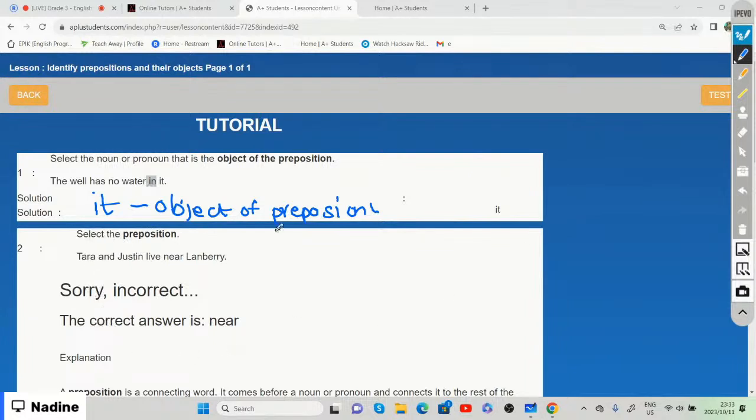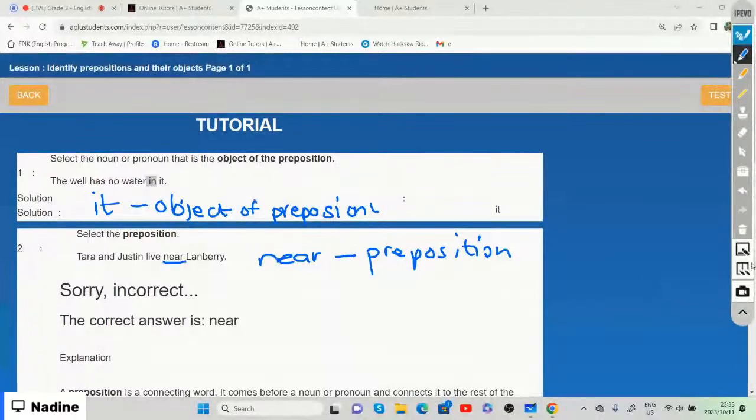So where do they live? Near. Which means that our preposition is near, right? And Landbury is our object of preposition.